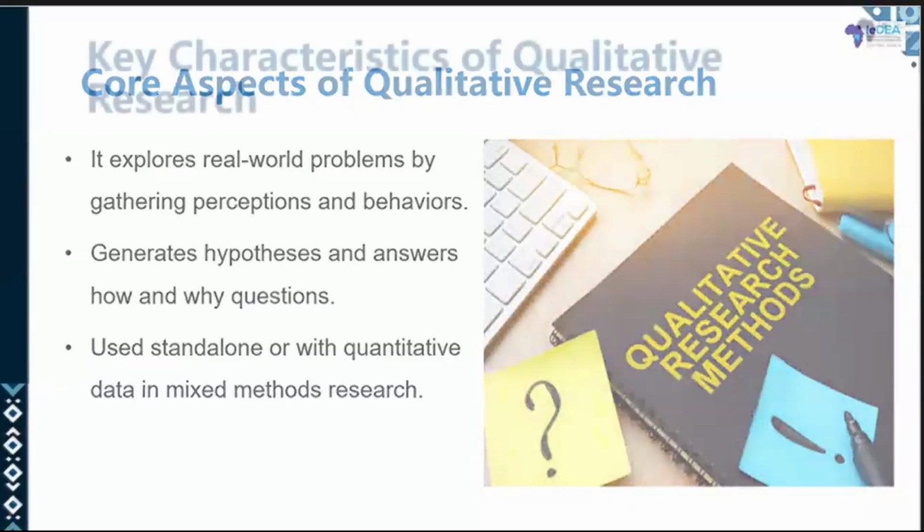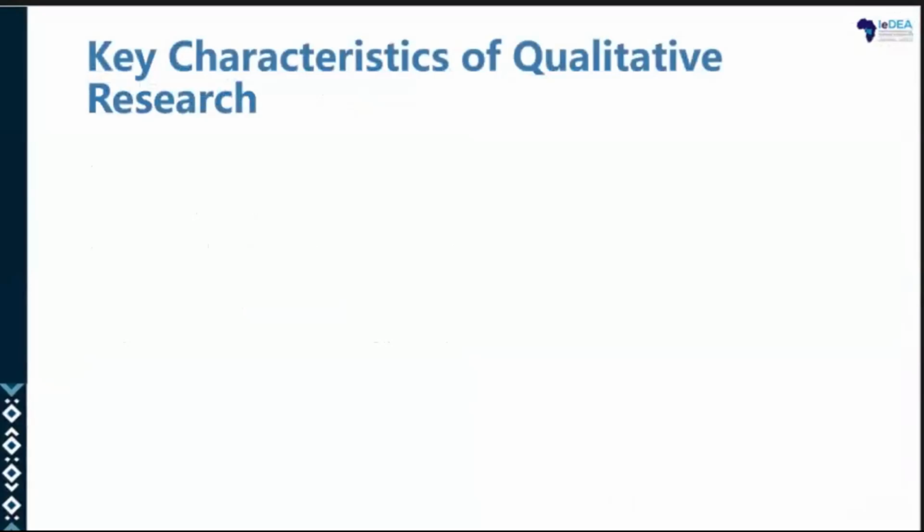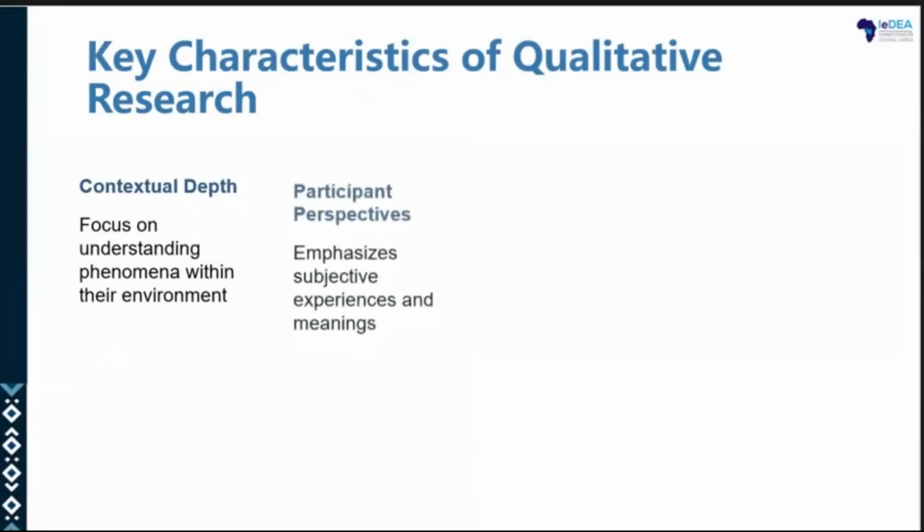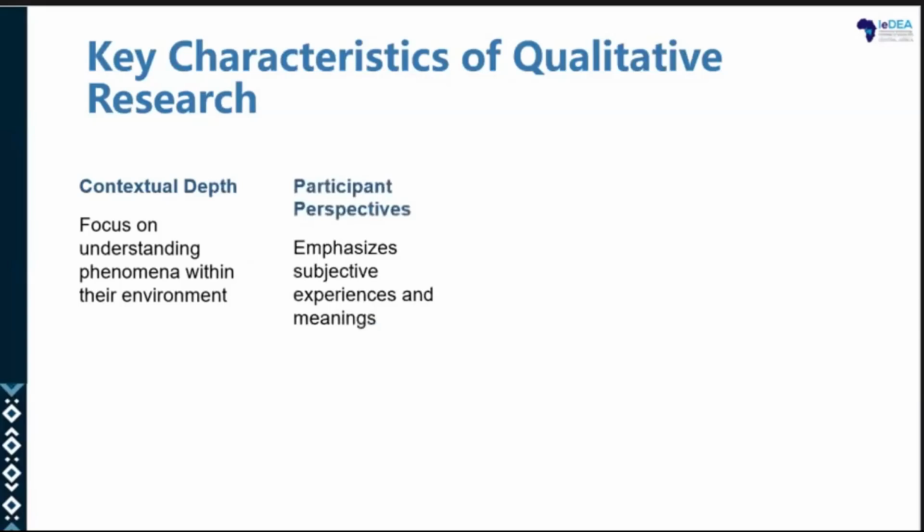Some key characteristics of qualitative research are, firstly, contextual depth. It focuses on understanding a phenomenon within its environment. We'll understand that a little bit ahead. It has participants' perspective. With qualitative research, you really get the perspective of a participant, since it emphasizes subjective experiences and meanings.